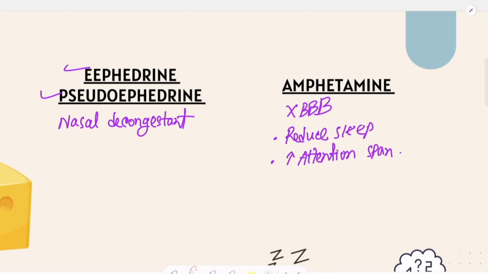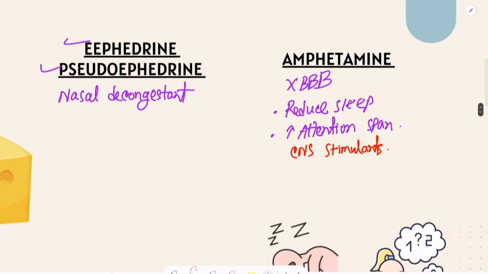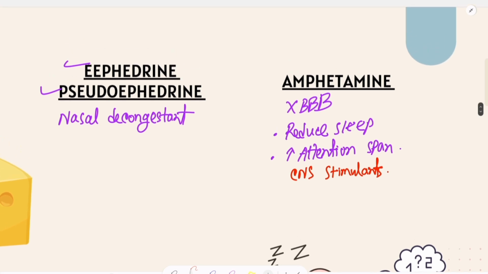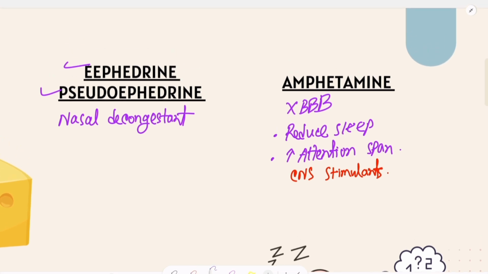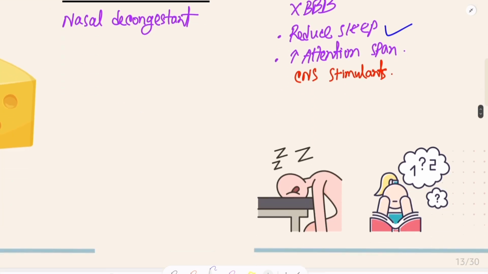So that means they are called CNS stimulants. The use of amphetamine, although they are highly addictive drugs, is based on these two functions only. The first function is to reduce sleep, and this action is utilized in a condition called narcolepsy.